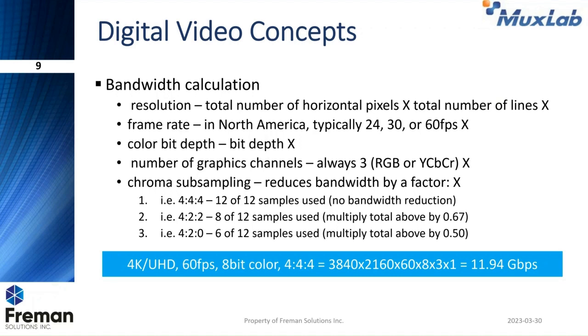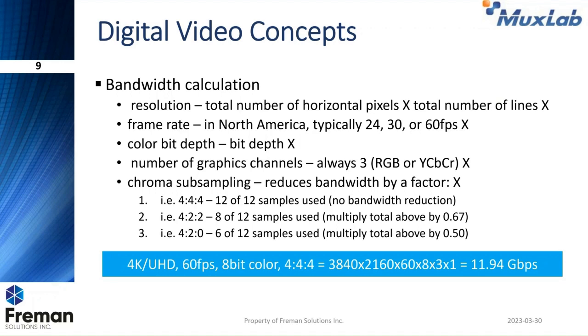And by the way, 10-bit color is required for HDR. You cannot have HDR if you don't have 10-bit color. So you multiply by that color bit depth. And then how many graphics channels are you sending? Because you have to send information about red, green, and blue. Or if you're using YCbCr, you have to send information for luma and the two chroma components.